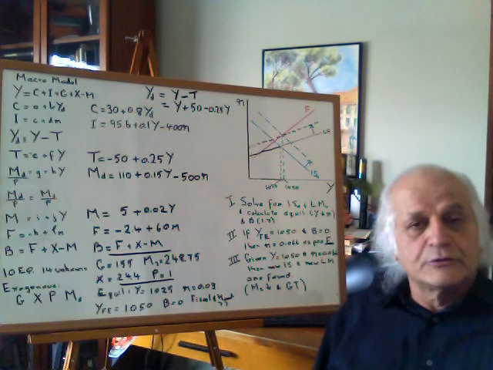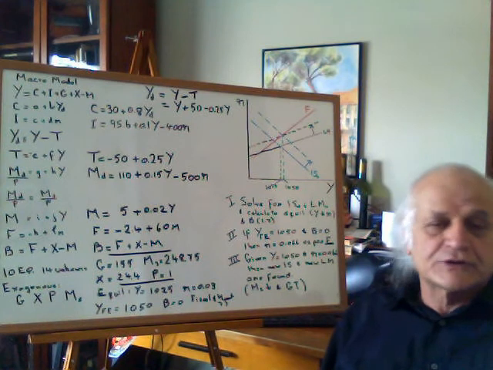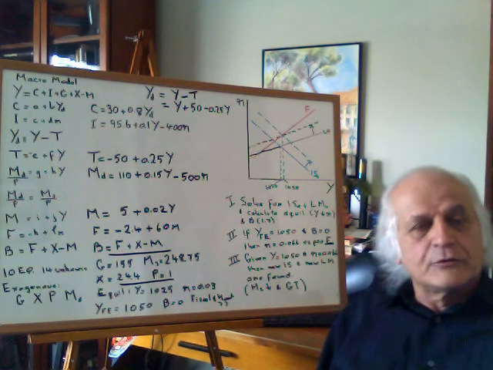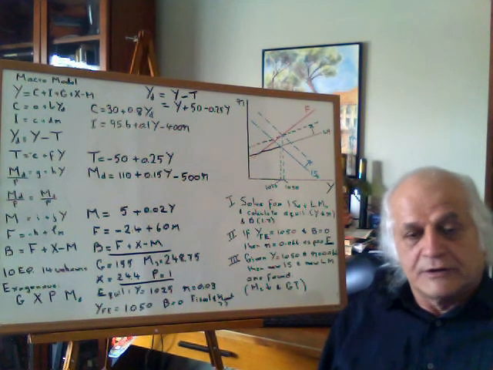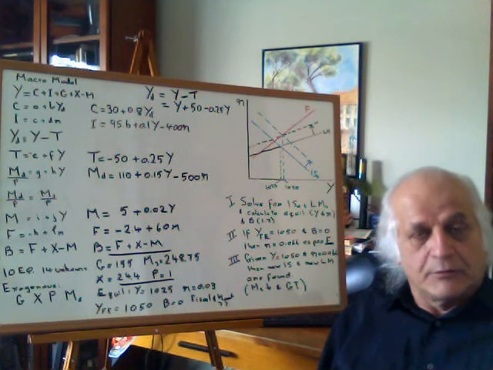The only other thing to keep in mind is that in the foreign exchange market, there's a spot rate, that's to say the rate that you can buy on the spot in the market.